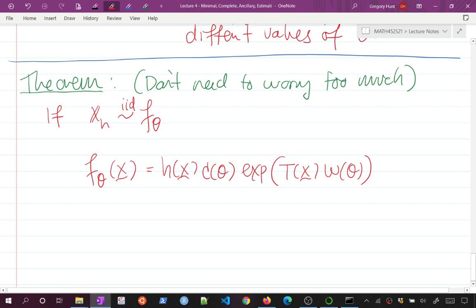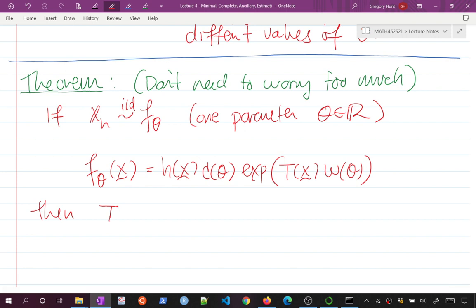So if my data comes from a one parameter exponential family, where theta is just some number, then t, we saw last time that it is sufficient, but indeed t is actually sufficient, it's minimal sufficient, and it's complete.